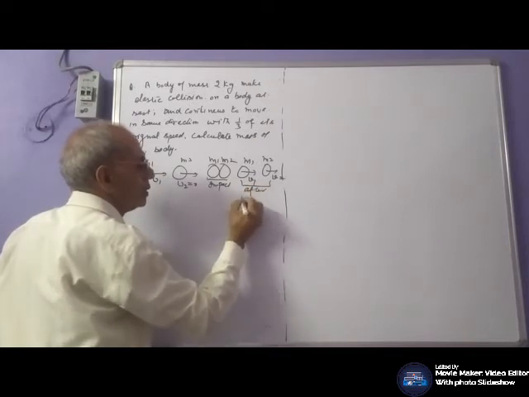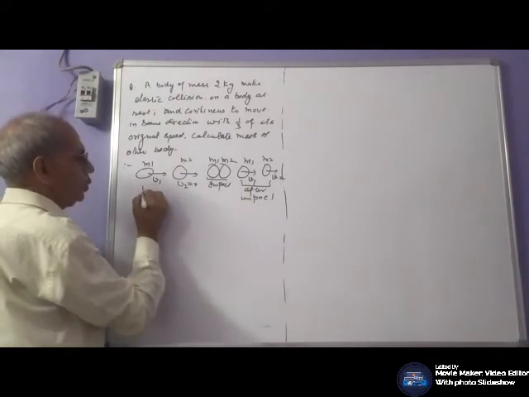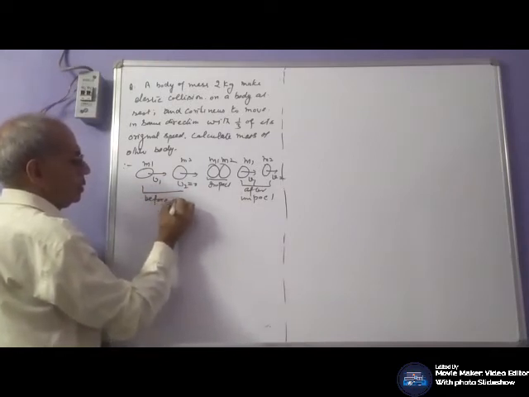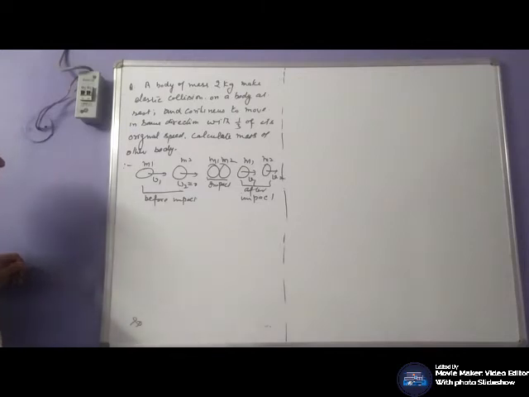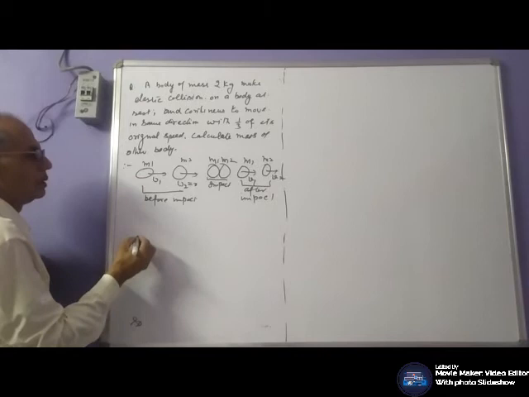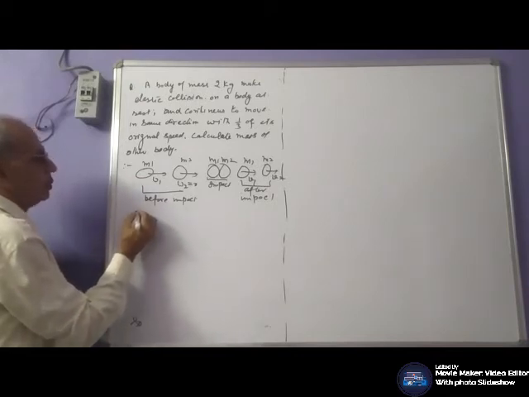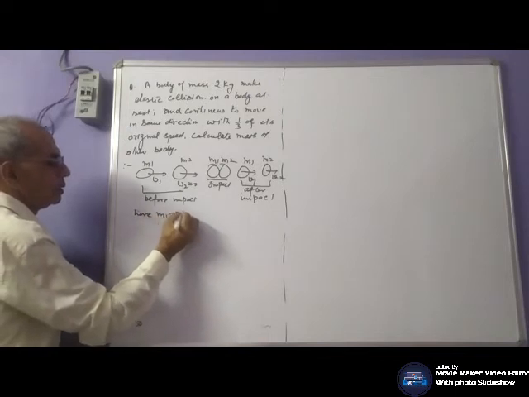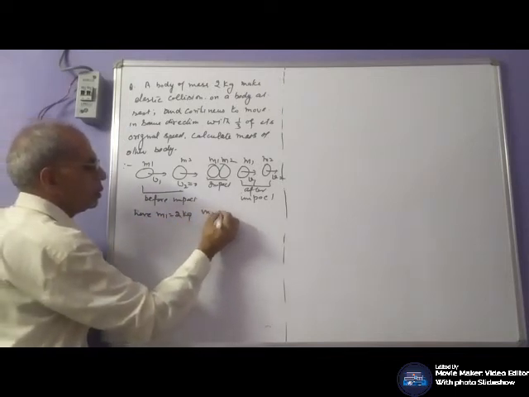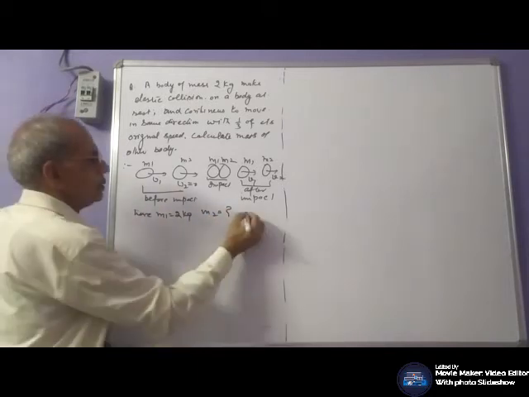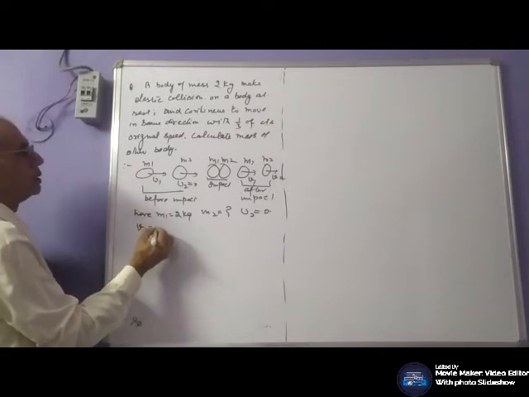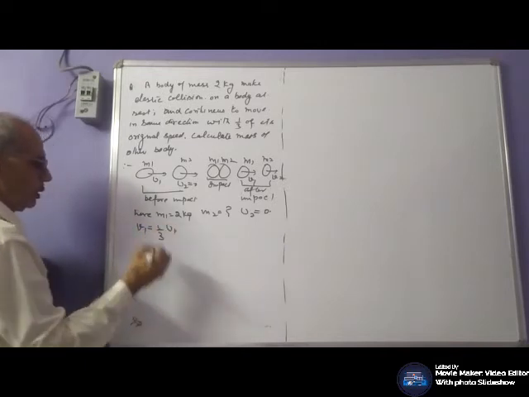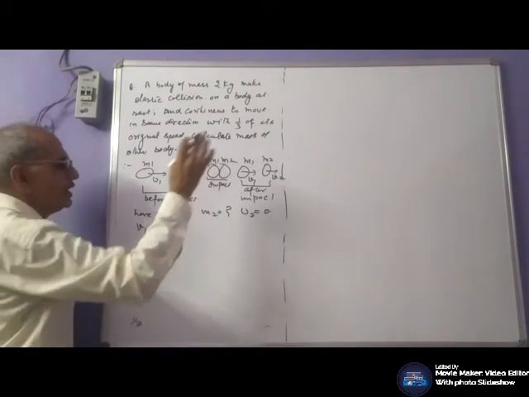Before impact, here M1 is 2 kg, M2 is to be calculated, U2 is 0 and V1 is 1/3 U1. About V2 we don't know anything.